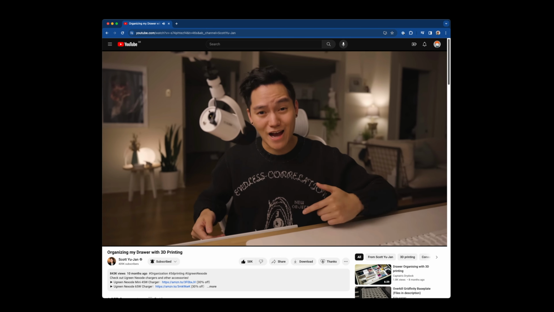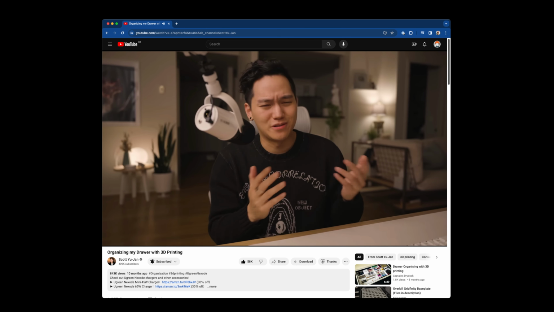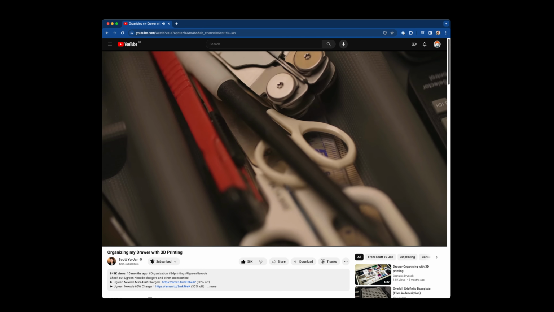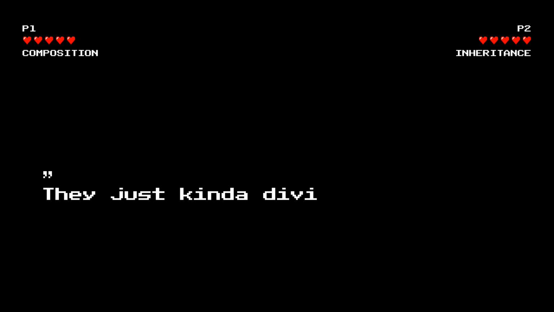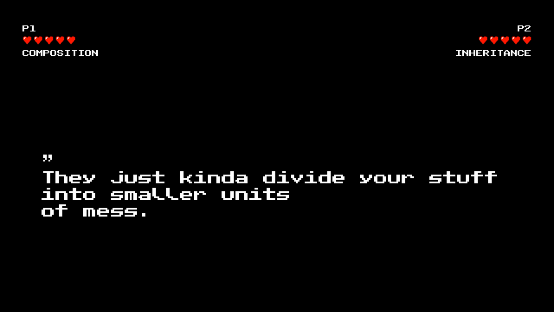So this is actual organization, right? Because existing drawer organizers don't organize your stuff. They just kind of divide up your stuff into smaller units of mess.